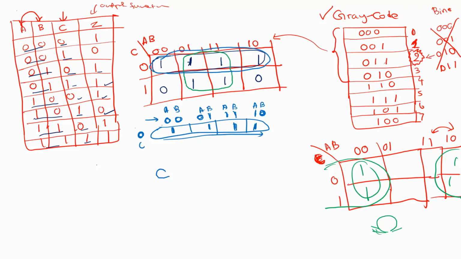Why? Because here outside we have 0, right? But inside we have 1, right? If the outside value is 0, what do we have inside? We have 1.